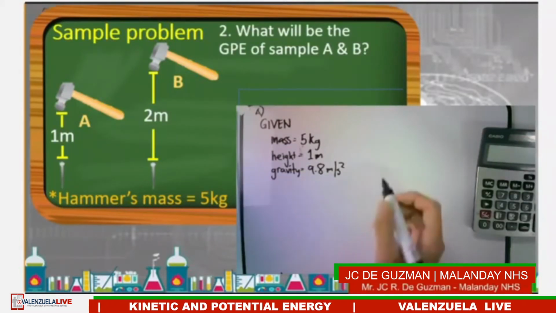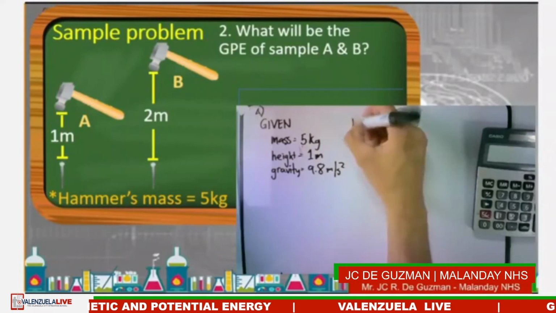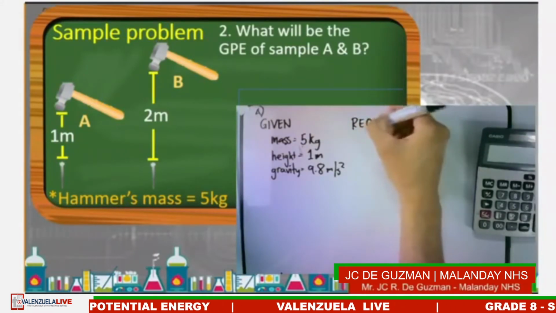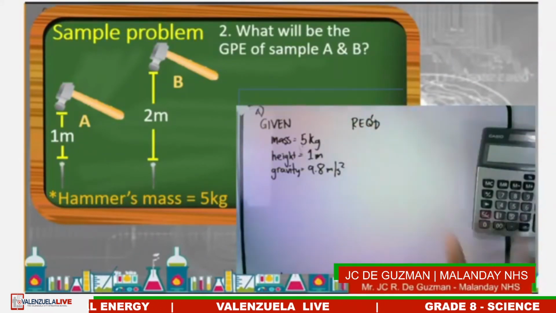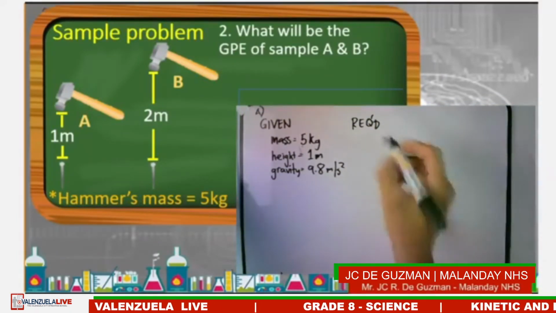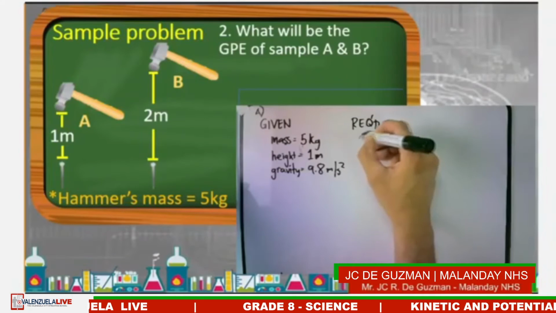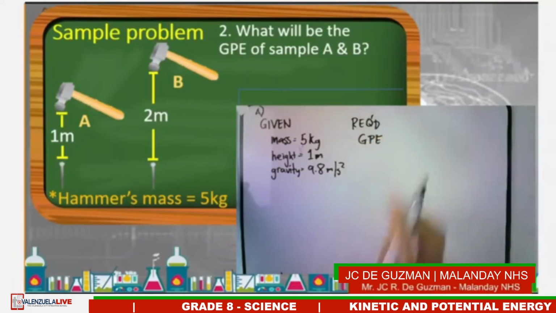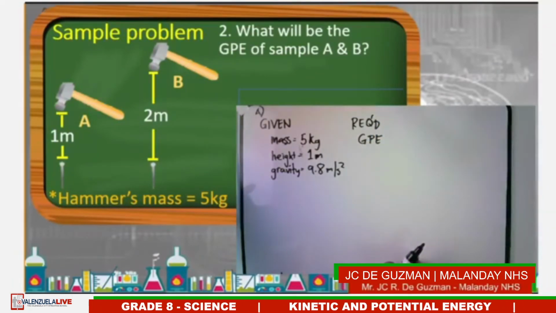So next, we have the required. For the required, we have the GPE, the gravitational potential energy.